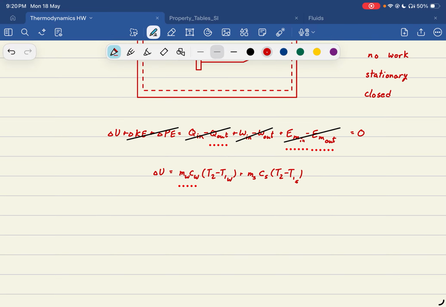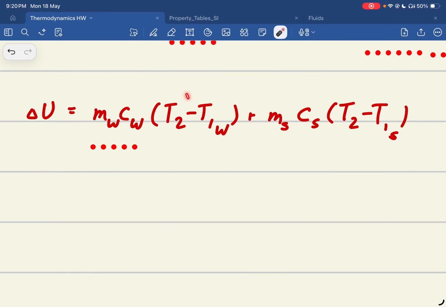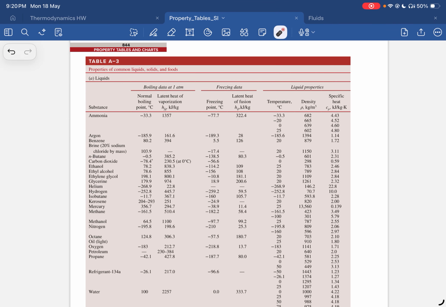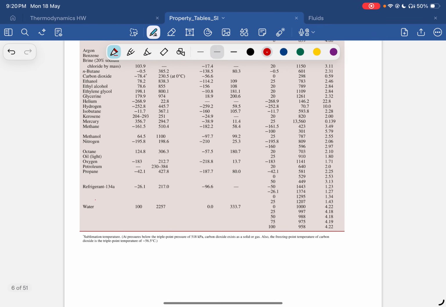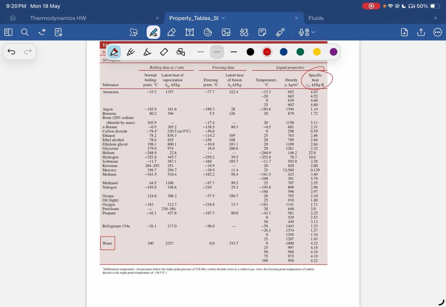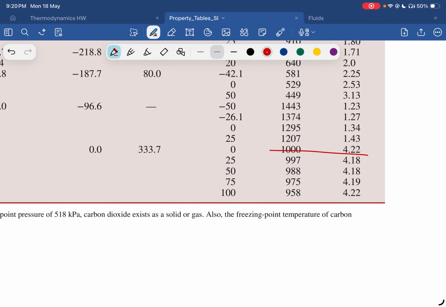Okay, so we want to find T2. We don't have T2, we don't have the mass of water, and we don't have C of water. To find the specific heat of water, we go to the tables, Table A-3. We see the water section over here, and here is the specific heat. Here is at 0 Celsius, but since it's 300 Kelvin, which is almost 27 degrees, we can just assume 25, and here is our value for C of water.